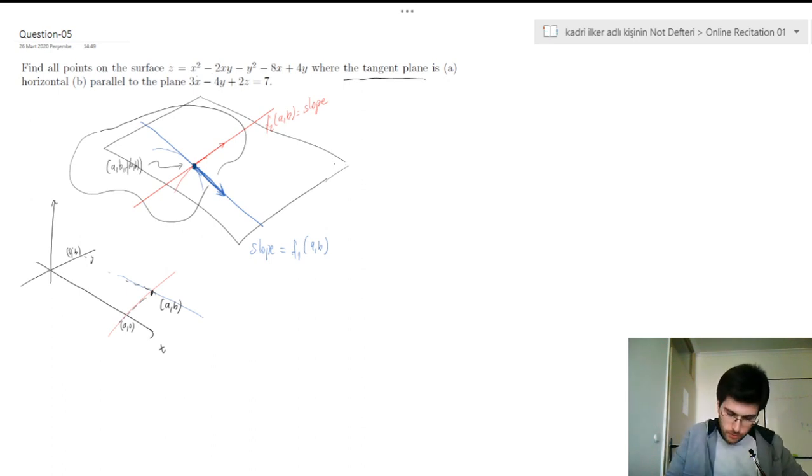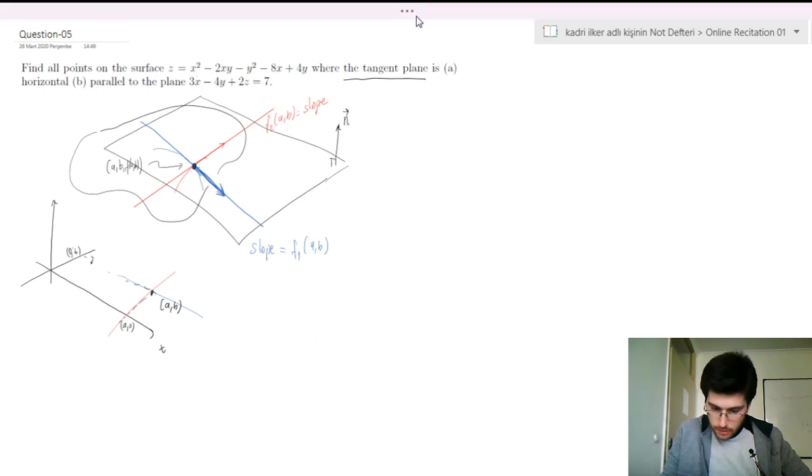Of course, when you want to understand the tangent plane, you need a normal direction, and you can easily compute those vectors. The first one is (1, 0, f1(a, b)). You can easily compute it, just differentiate (x, y, f(x, y)).